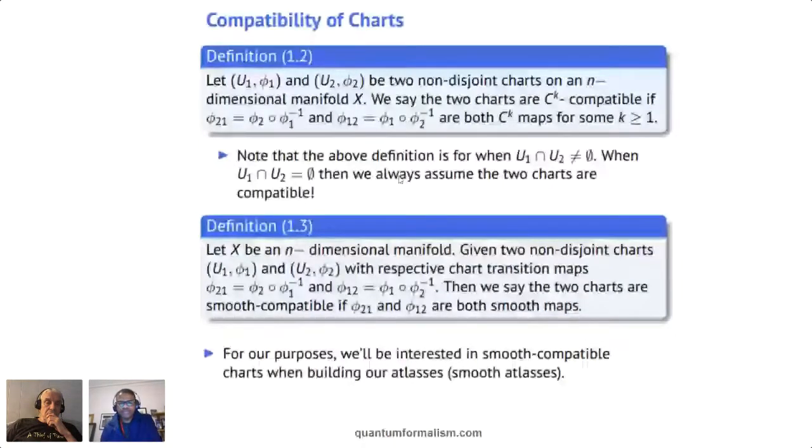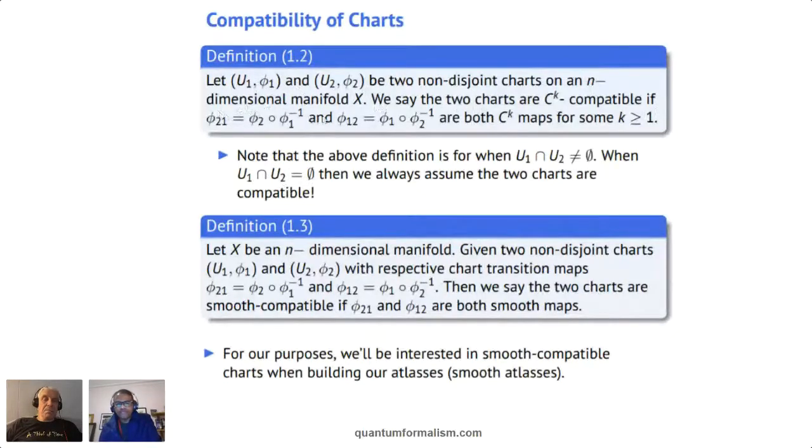So in the textbooks, often you will see they define compatibility either when the intersection is empty, or if the intersection is not empty, then they have to satisfy this condition. This is very boring. We don't want this, especially when we want to transition from one chart to the other. So what we want is this.